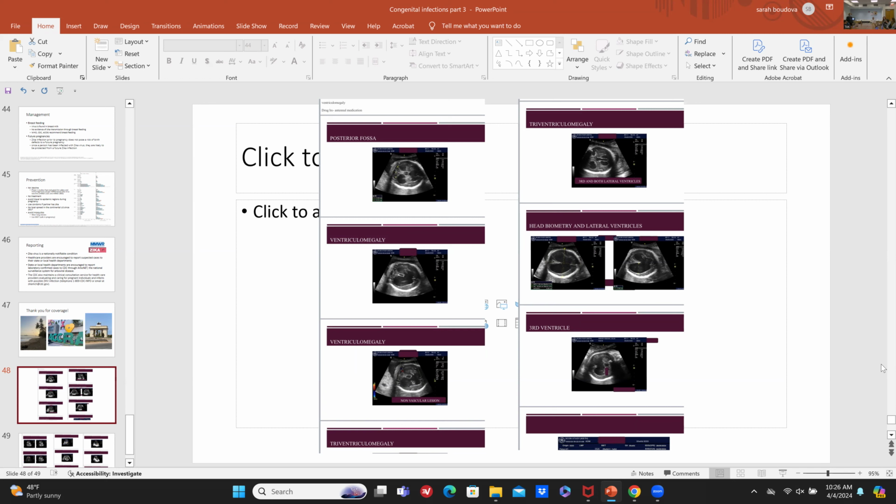So the 2 big ones, probably the most common one would be CMV, right? It really depends on which trimester of pregnancy the baby was exposed. And the second big one, which is seen early but we have to study it a lot, is toxoplasma, which Sarah also gave us a lecture about.